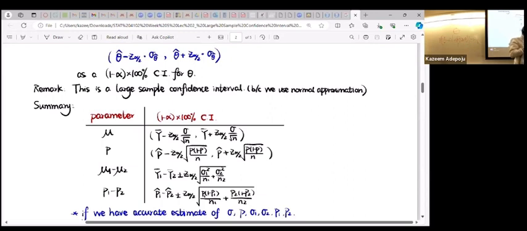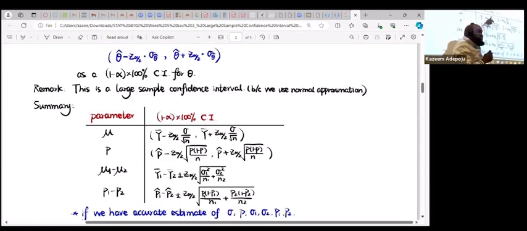You can now use that. The only thing is just the estimator plus or minus the margin of error. If I'm talking about the mean, the estimator is y bar. What is the variance of y bar? Sigma square over n. What is the standard deviation? Find the square root. That is sigma over root n.